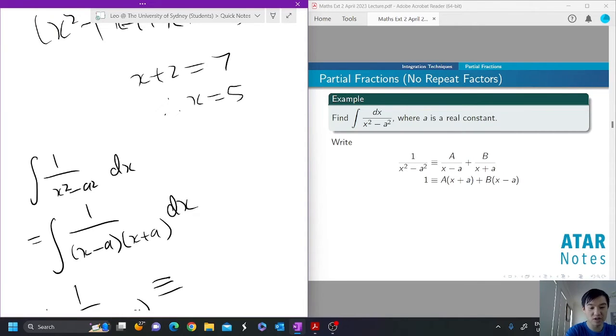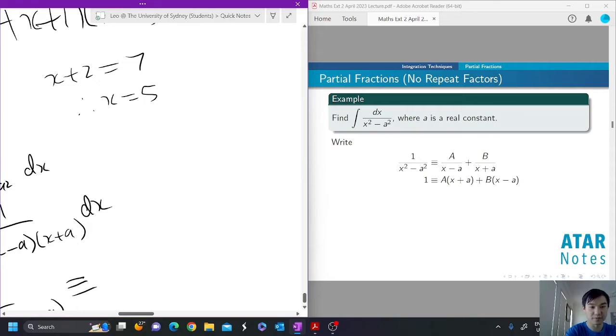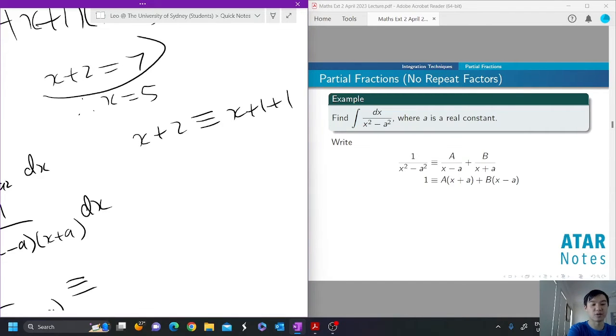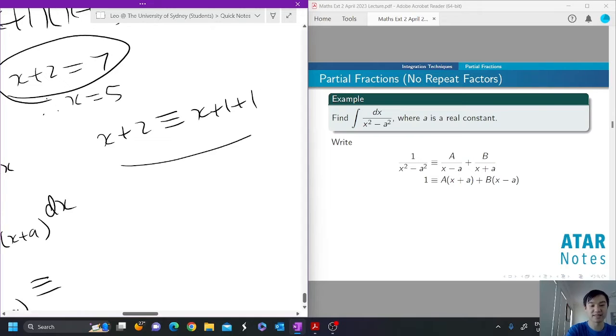It's different from saying x plus 2 is identically equal to x plus 1 plus 1, because this will always be true for all values of x. The first is only true for a certain value of x. This is an identity, which is always true no matter which value you put in.